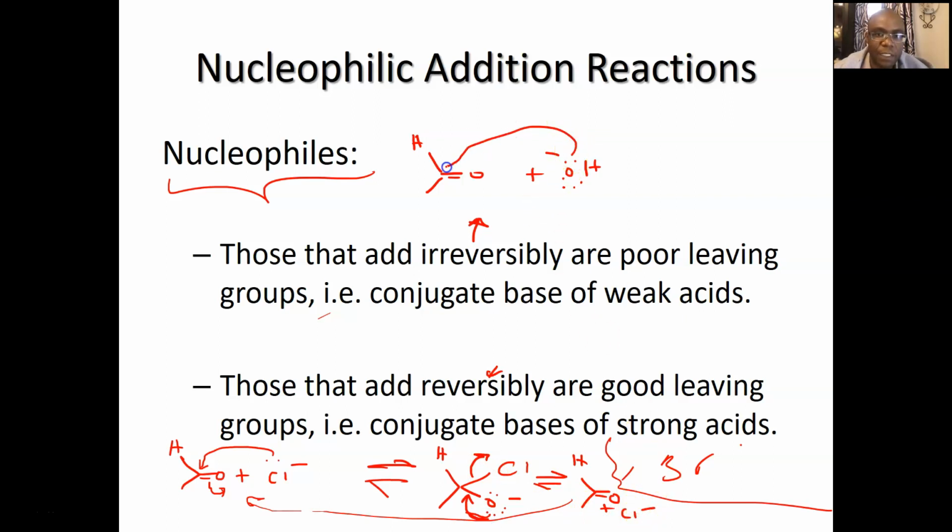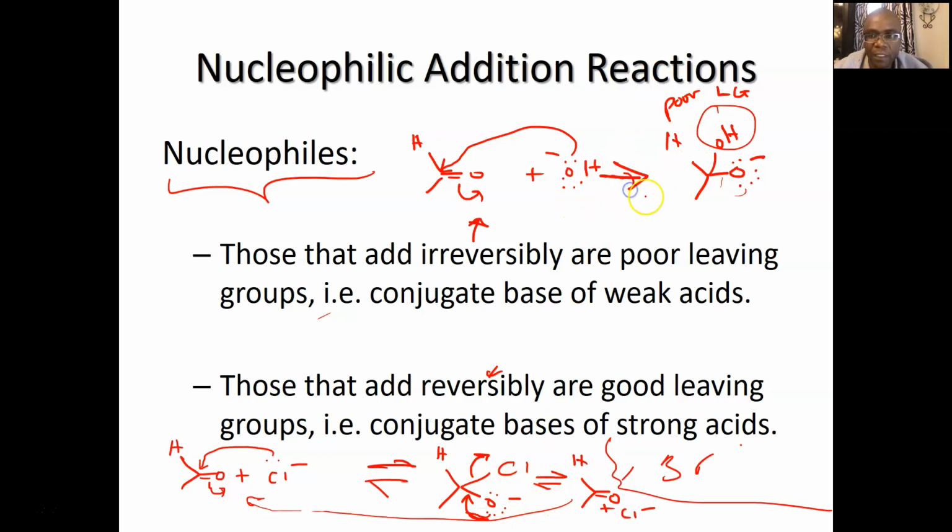But here, if you attack the carbonyl and this opens up, you end up with your alcohol. You end up with your alkoxide, sorry. So now the OH is attached. So this oxygen cannot and should not make back its double bond for this to leave, because OH is a poor leaving group compared to Cl minus, which can do reversible. So in this case, it's irreversible.